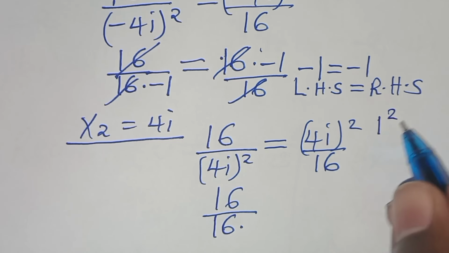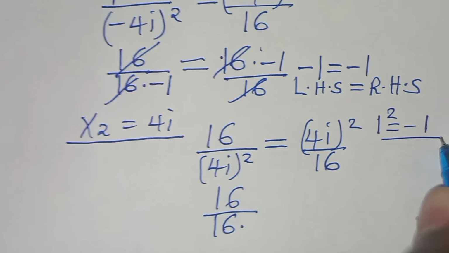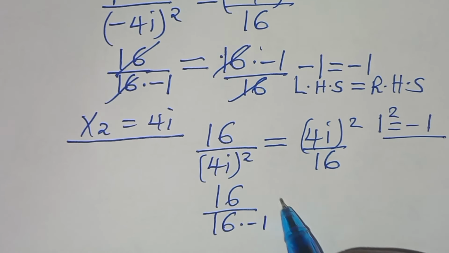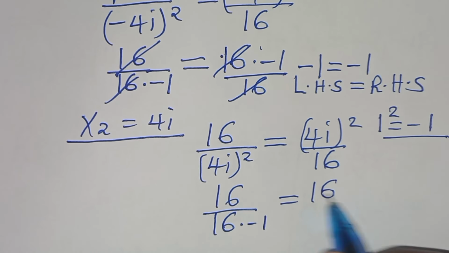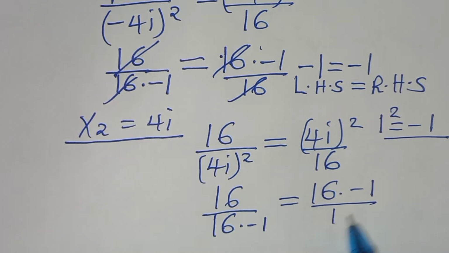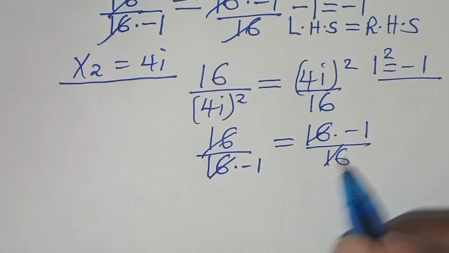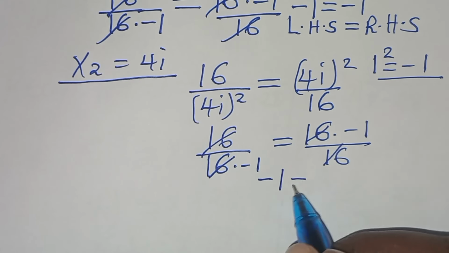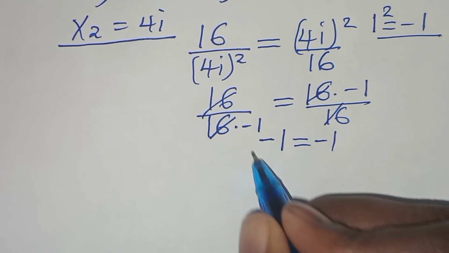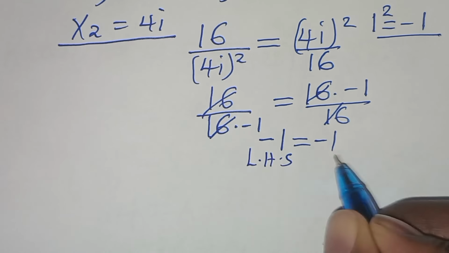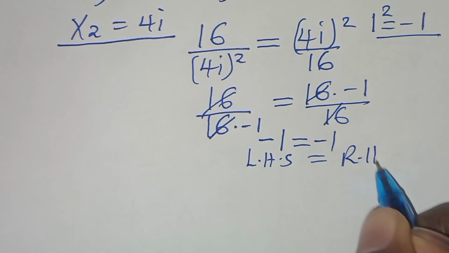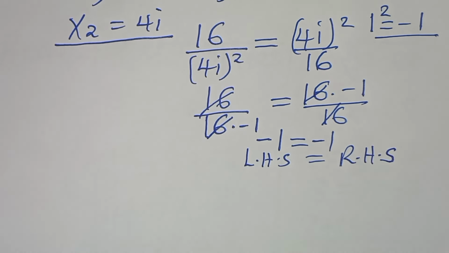We have seen that i squared is equal to minus 1. So this is 16 times minus 1 over 16. So 16 simplifies here, so that we have minus 1 is equal to minus 1. So the left hand side is equal to the right hand side.